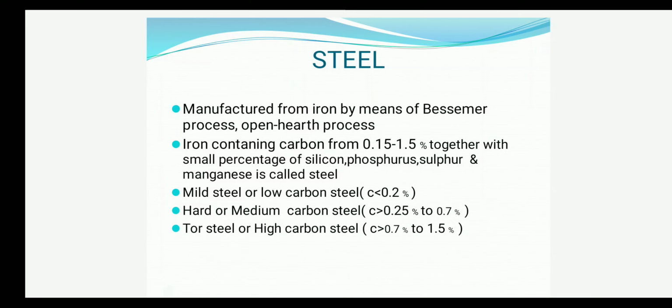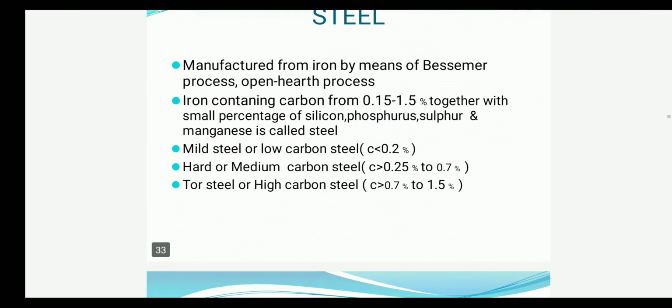The percentage of carbon in this type varies from 0.25% to 0.7%. The third type is tar steel or high carbon steel, in which the percentage of carbon is 0.7 to 1.5%.